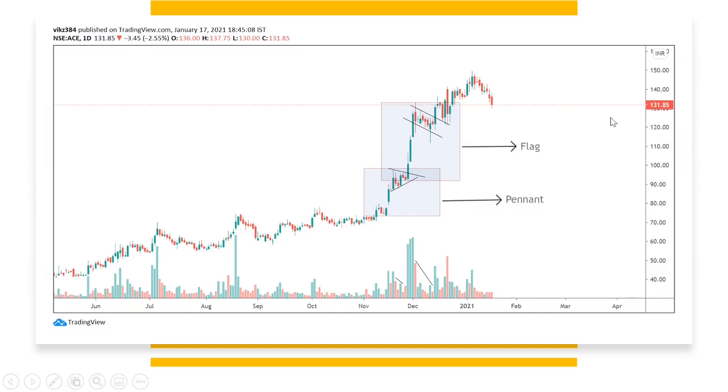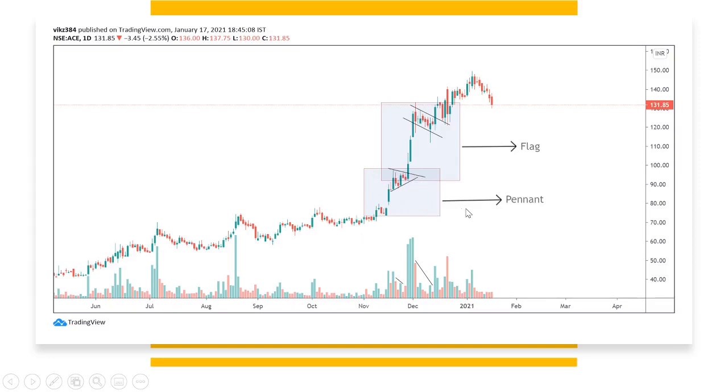Now let's see an example. So this is the chart of ACE, and you can go and see the daily chart by yourself also to have a view on this. Here we can find a pennant and a flag together. If you see, there was an advanced move followed by a consolidation where volume decreases and then the breakout happens, and this part gives rise to another flag whose breakout has happened, target is still pending.